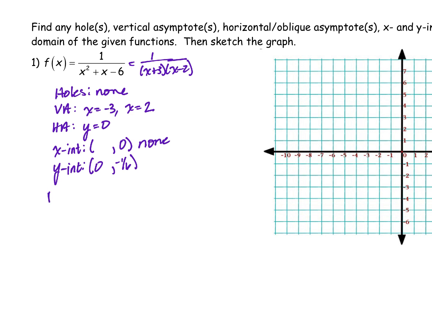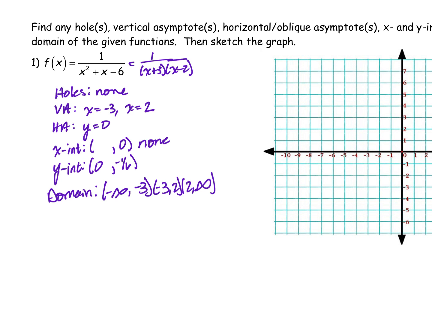And then my domain, let's see, negative infinity to -3, -3 to 2, 2 to infinity. Beautiful. Okay, because there's no holes. In domain, I just use the holes and the vertical asymptotes to find the domain. Those are where the domain doesn't exist.